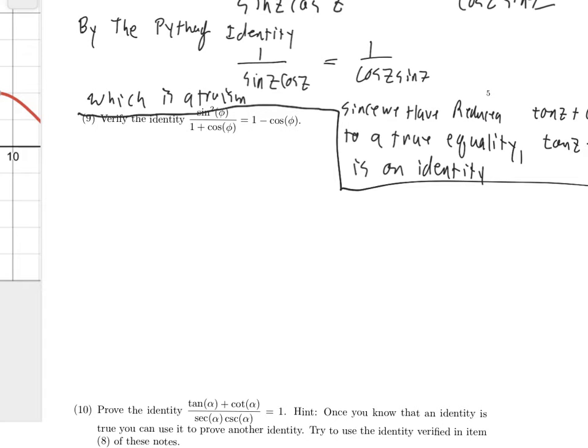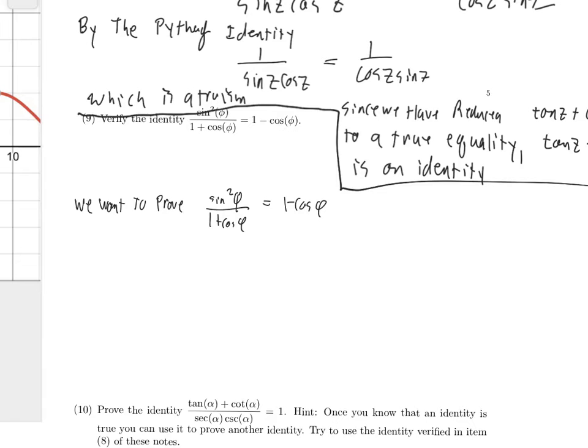So maybe I'll follow the same strategy. I'll start with the whole equation and I'll manipulate it. So we want to prove sine squared phi divided by 1 plus cosine phi is equal to 1 minus cosine phi.